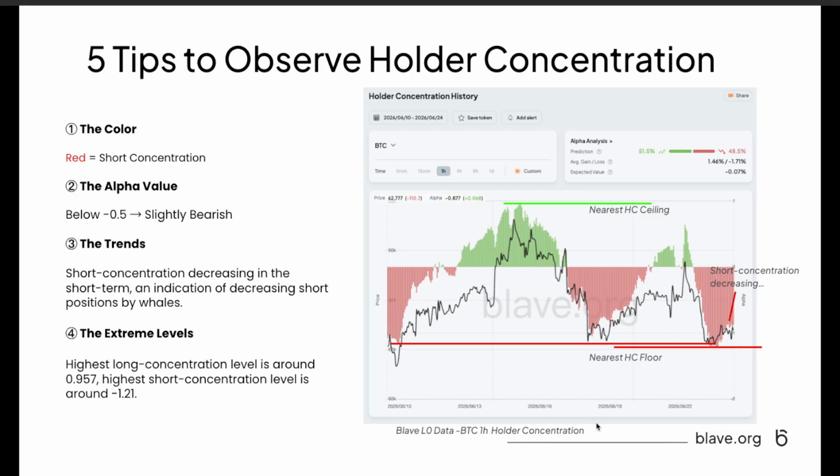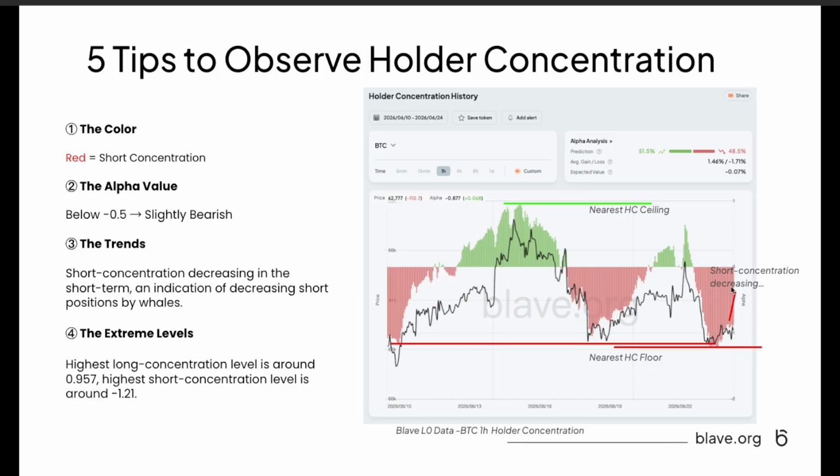So this is an example for you. This is a Bitcoin 1 hour holder concentration history chart. You can see the past ceiling, the highest and lowest holder concentration levels, and the current holder concentration level.